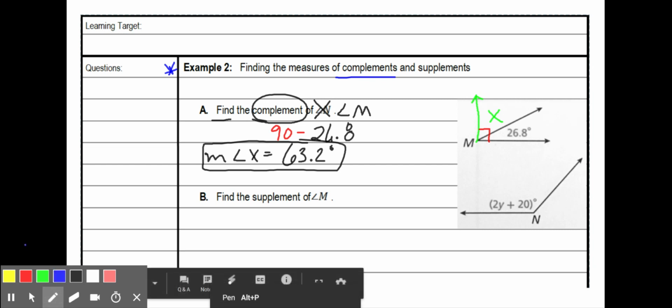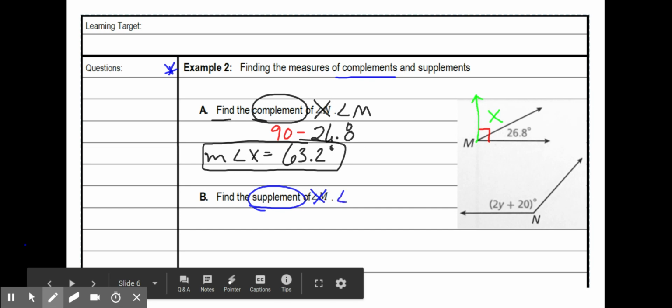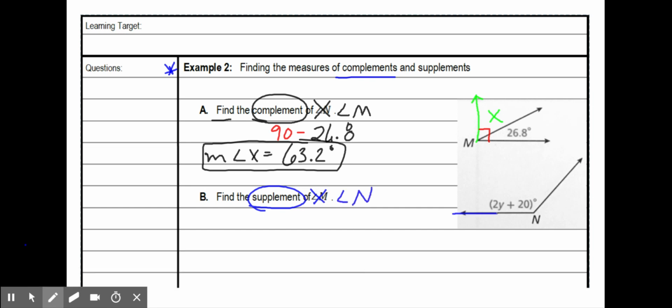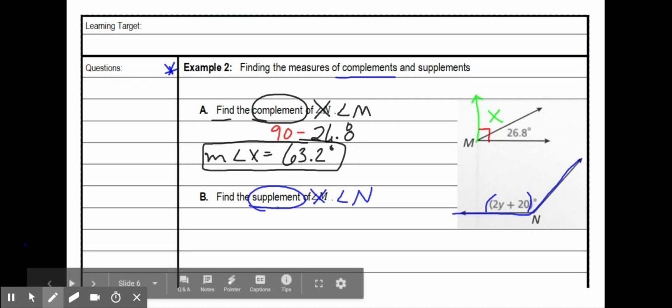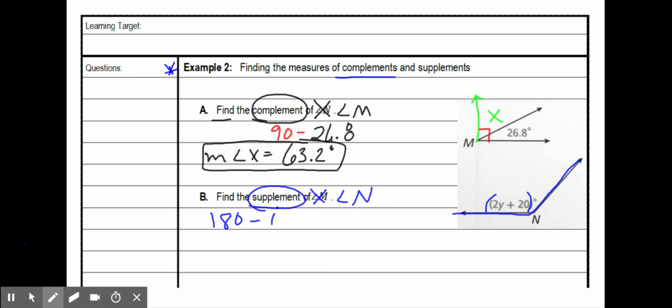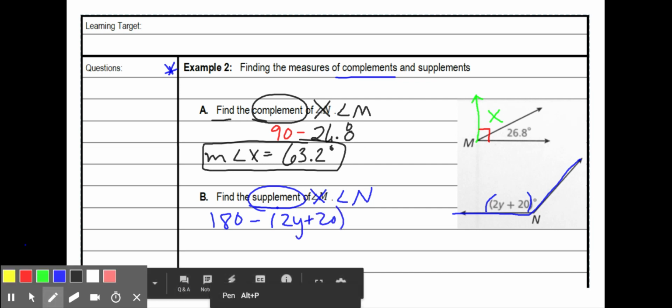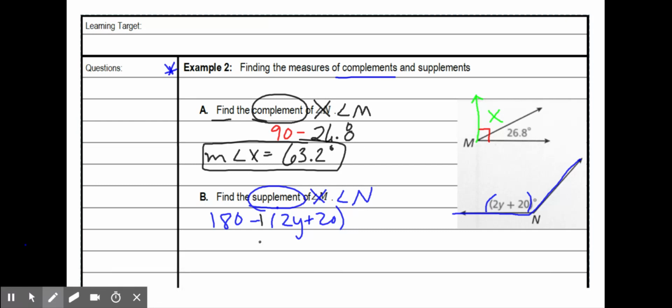We can do that with some algebra. So to find the supplement of angle N, we see that angle N is an expression, 2y plus 20. Knowing that supplementary angles are two angles that equal 180, start with 180 and subtract what we have. So we're going to subtract the quantity of 2y plus 20. If we distribute the negative, we have negative 1 times 2y, which gives us negative 2y, and negative 1 times 20 gives me negative 20.